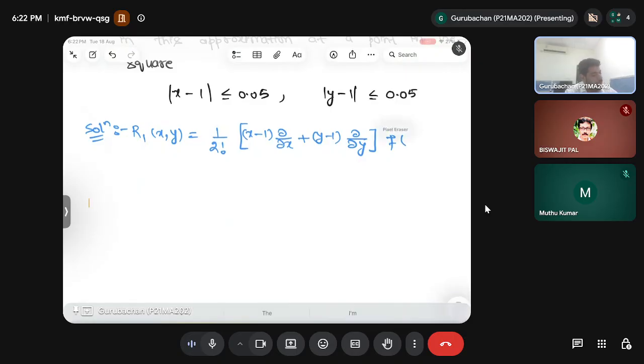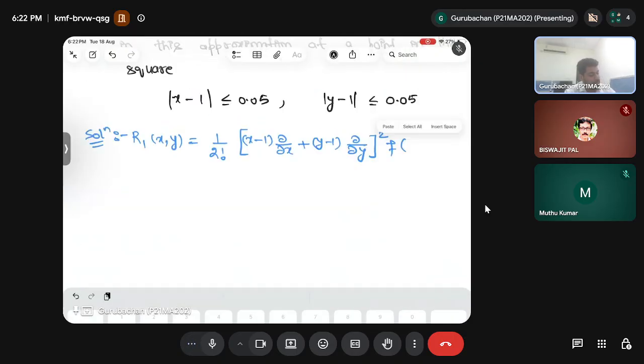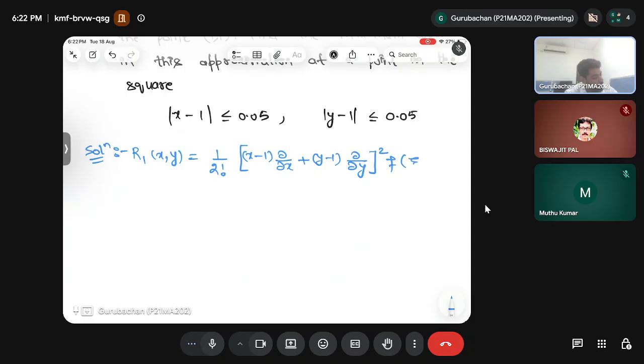So either you can write like that, or you may write some x y 1 comma x y 2. And where are this x y 1 and x y 2? x y 1 comma x y 2 must be an element of that given square. So you need to calculate what will be the maximum value of this r1. So you can say r1 is bounded by which maximum value. So try this, we will discuss then.